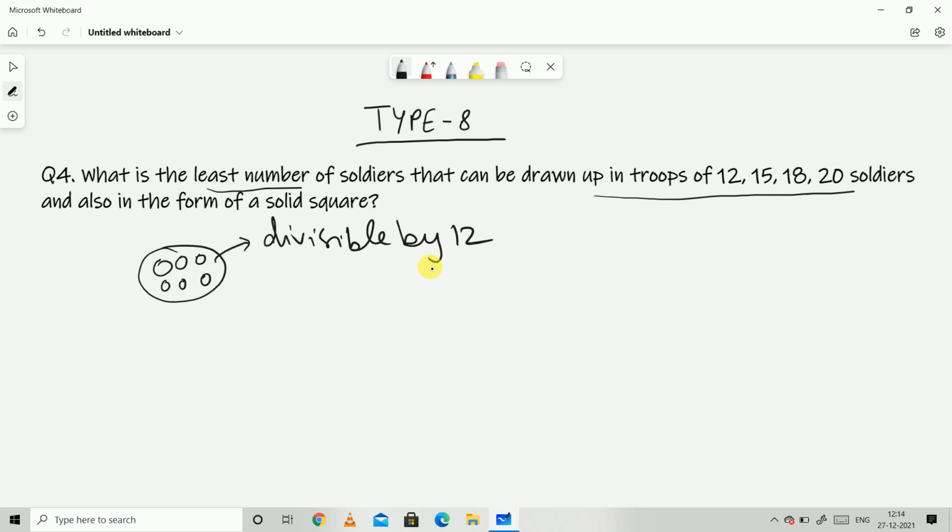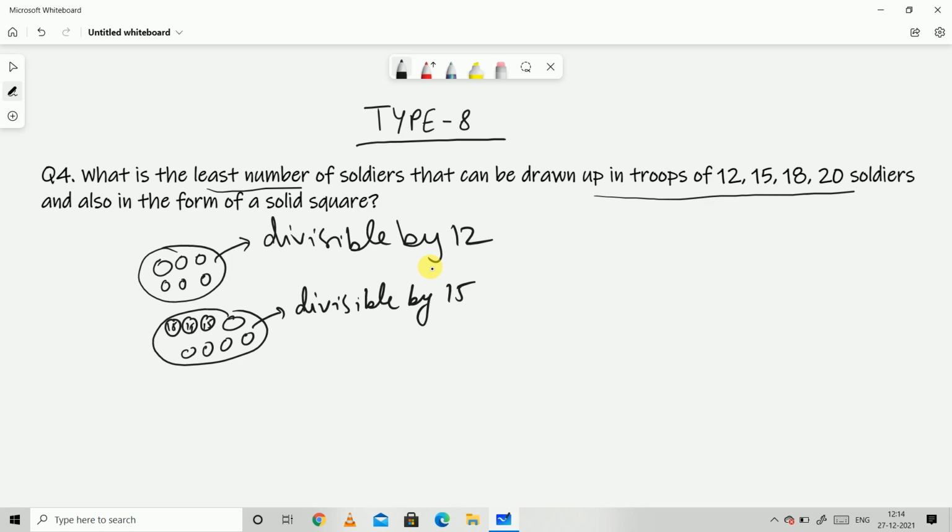Similarly, if the soldiers are divided into groups of 15, 15 and 15, then the total number will obviously be divisible by 15. Similarly, divisible by 18. Similarly, divisible by 20.